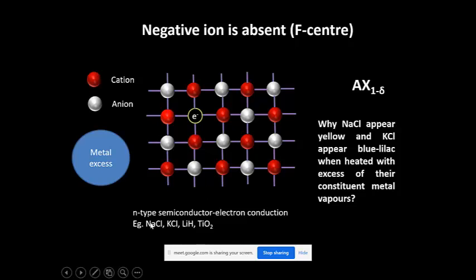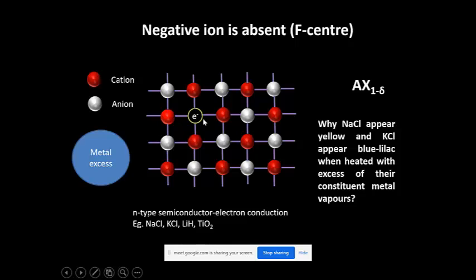Similarly, the word F center is also used when a negative ion is absent in a lattice. This kind of defect is caused when the negative ion is absent, and F means Farbe, a German word for color.